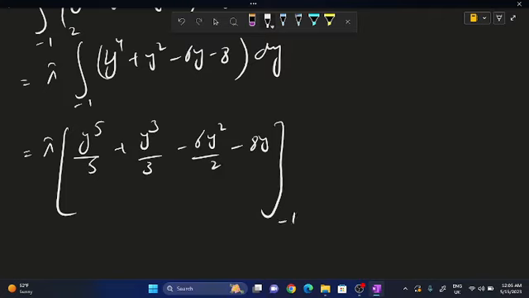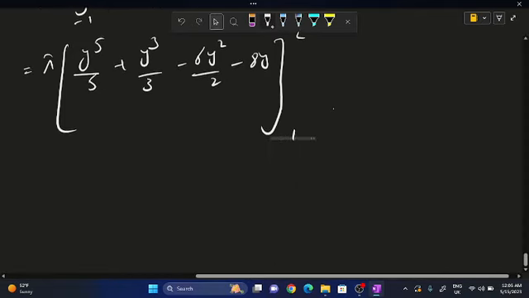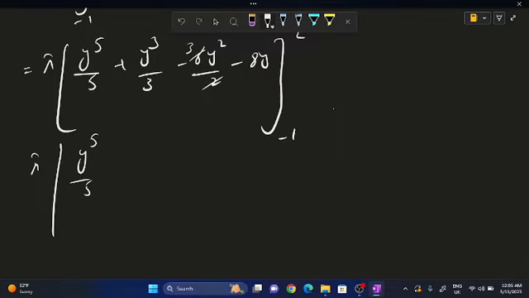Limit over it is -1 to 2 again. Do some simplification. 6 divided by 2 is 3, so it would be pi of y raised to the power 5 over 5 plus y cube by 3 minus 3y square minus 8y.